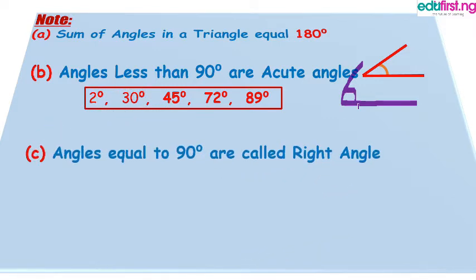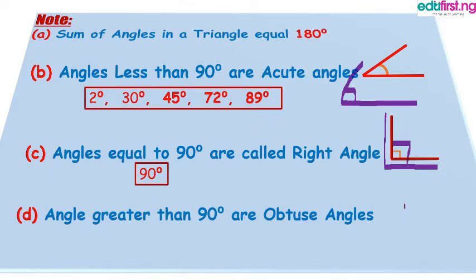Also note that if the angle formed is exactly 90 degrees, we call it what? Right angles. In this case you see that a vertical line meets a horizontal line at a particular point and they form an angle which is 90 degrees. And finally, note that angles that are greater than 90 degrees are called obtuse angles.